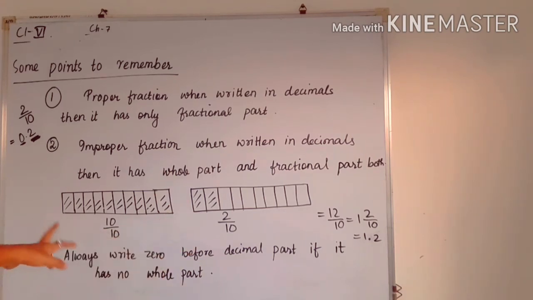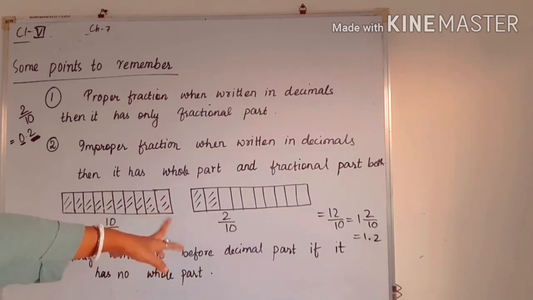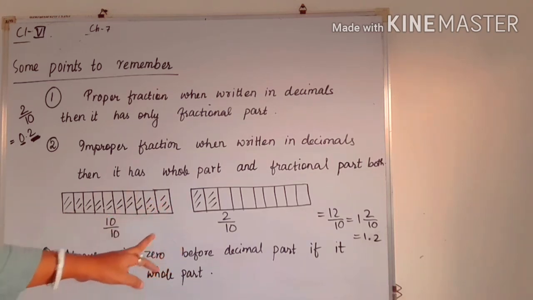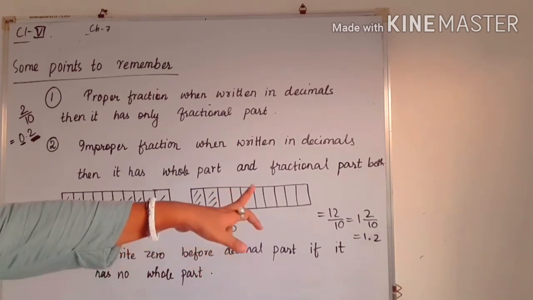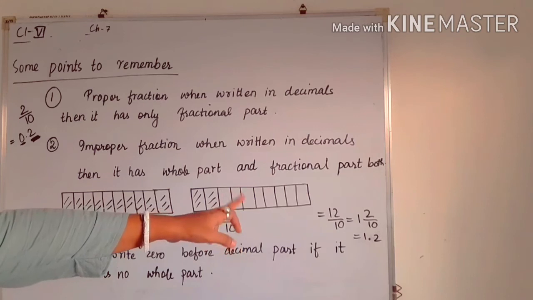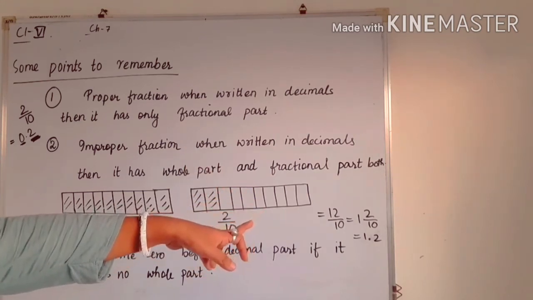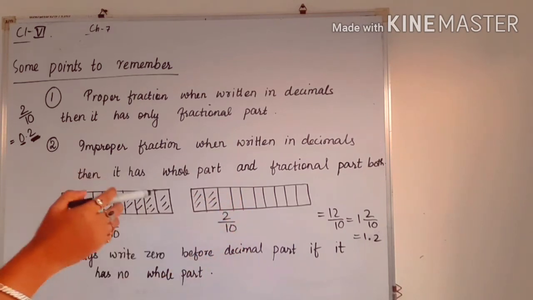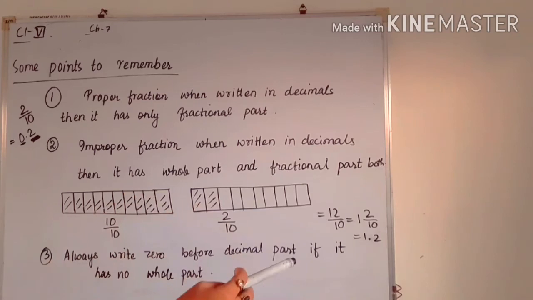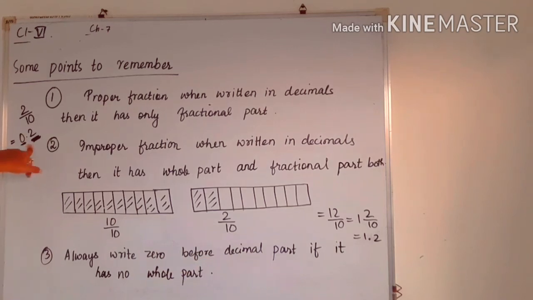Now see, after adding, what will we get? 10 by 10 plus 2 by 10. As both are like fractions, we can easily add them. We will get 12 by 10, and this is an improper fraction. When 12 by 10 is converted to a mixed fraction, we get 1 2 by 10. Here 1 is the whole, and 2 by 10 as a decimal number is 0.2.